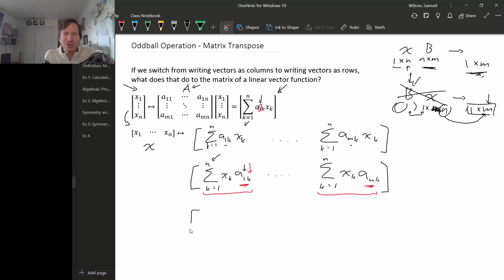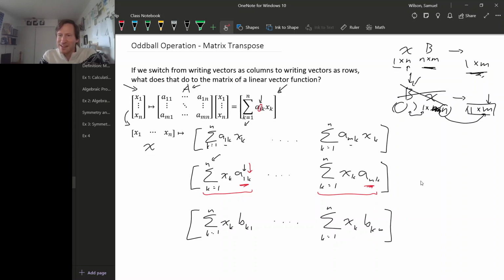So we need to rename all of these entries. We need some entries for b so that it looks like the sum from k equals 1 to n of x sub k b sub k1, up through the sum from k equals 1 to n of x sub k b sub k m.